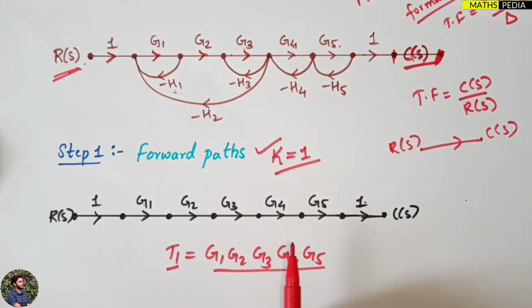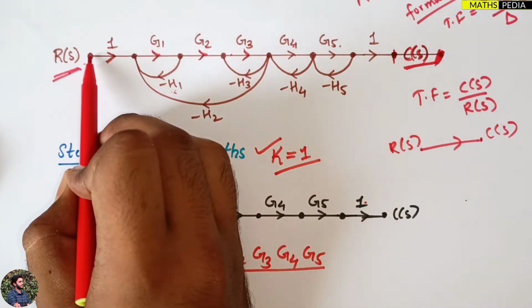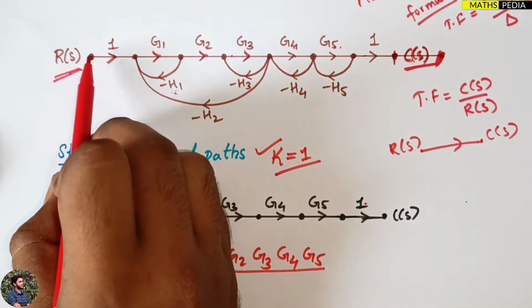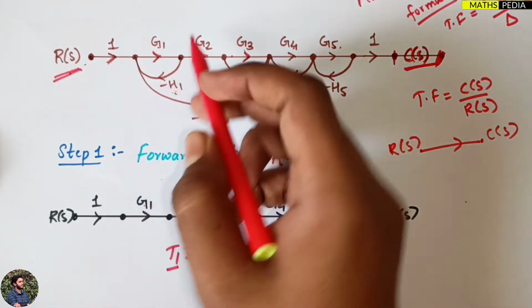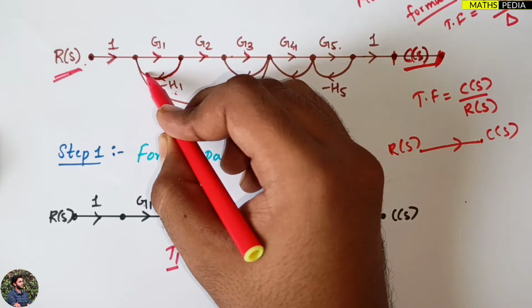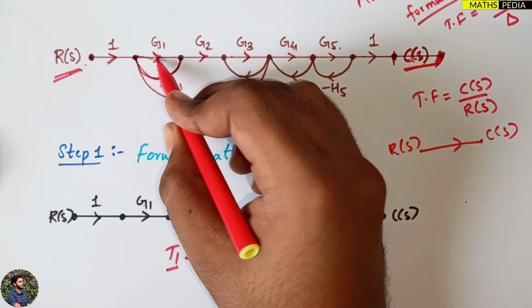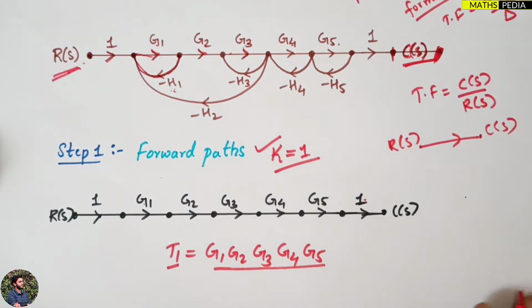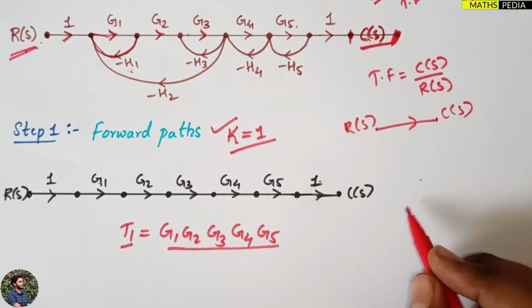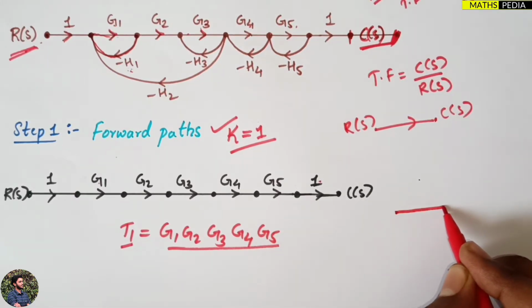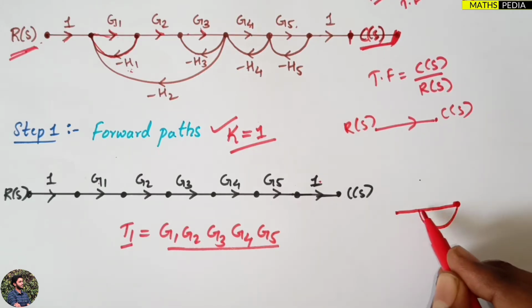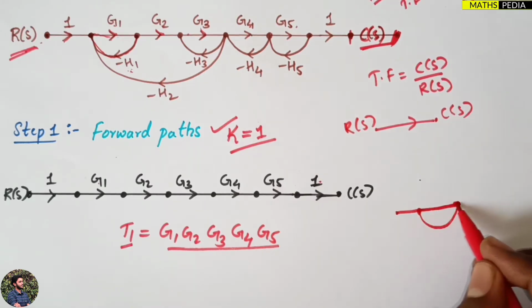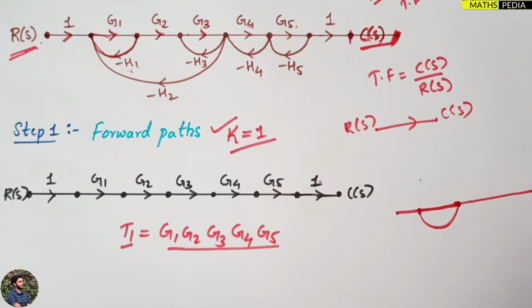Now you might have one doubt here. Can I start from this point, travel till this point, take this path back to this node, and then travel to C of s? So basically, starting from R of s, going to one node, taking the reverse path, going to another node and reaching the destination C of s.